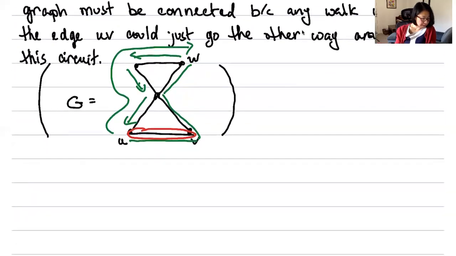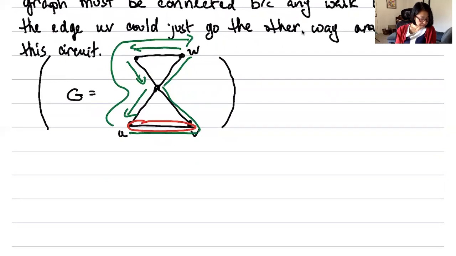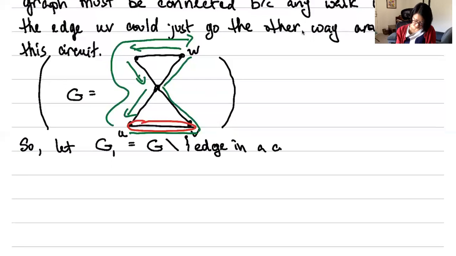All right, so now let G1 be the subgraph of G where I take away an edge in one of the circuits of G, okay? So I know it's still connected.